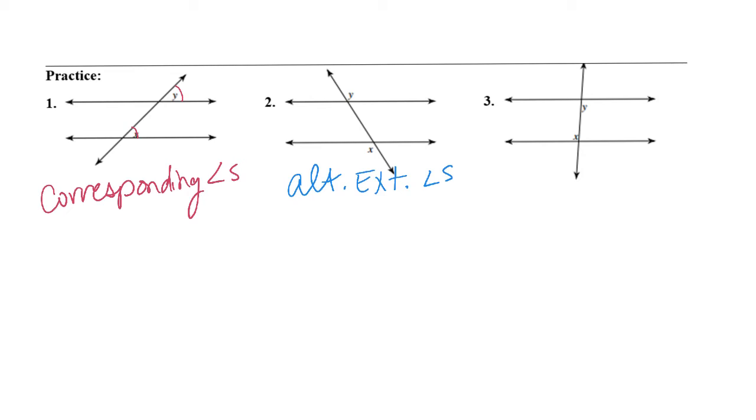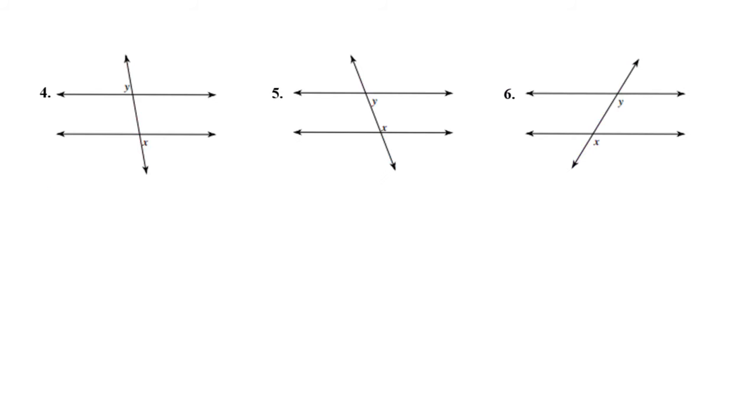They are on opposite sides of the transversal, so it's going to be one of the alternate words. But if you look at them, they're inside the parallel lines, so that's going to be alternate interior angles. I did forget to mark that these are congruent, so I'm going to go back and mark them. So those are congruent for number 2 and for number 3, congruent to each other.